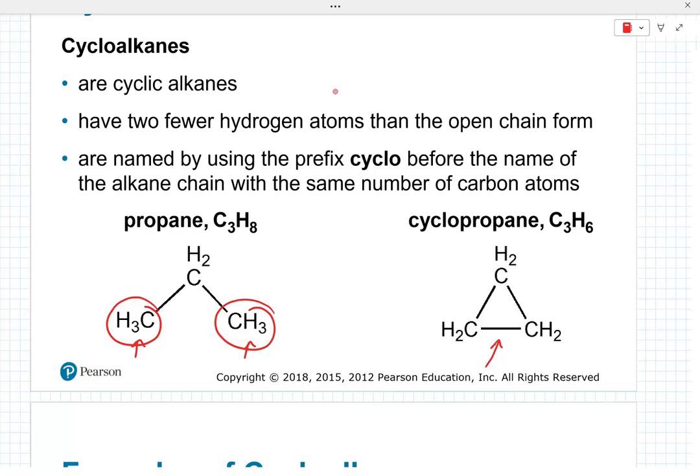So you need to give up two hydrogens from an alkane like this to form a cycloalkane.